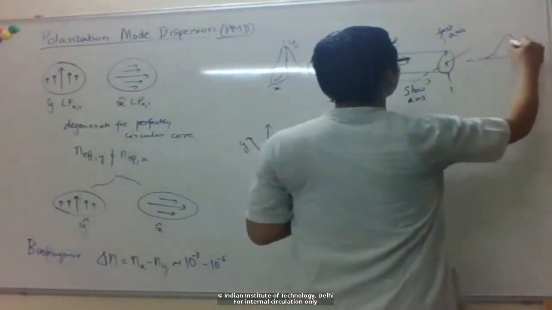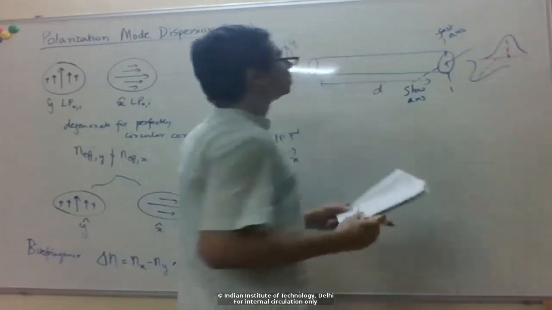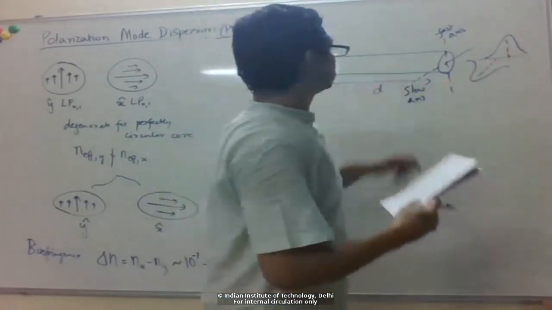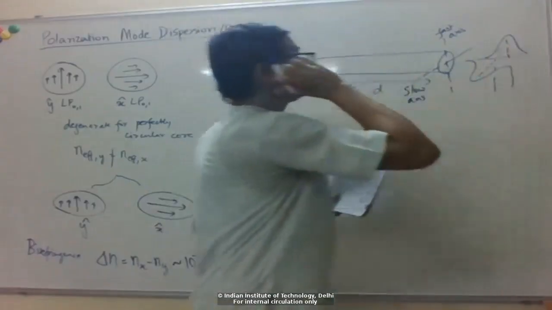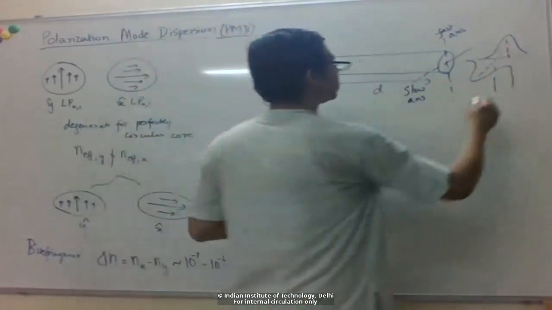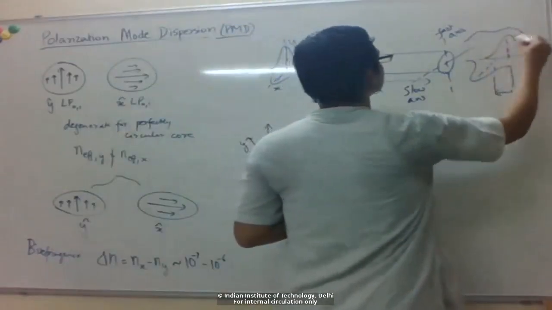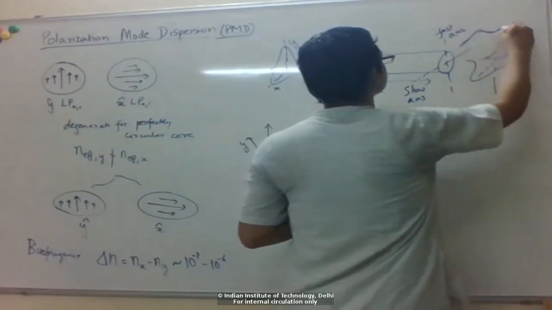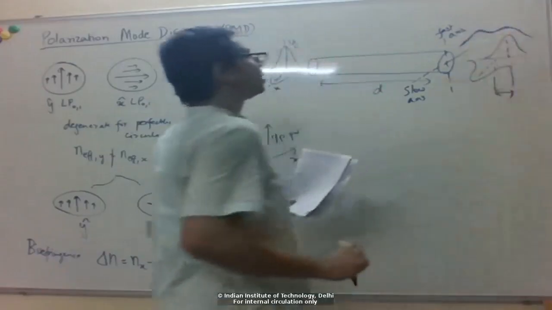It will go ahead of the X component. So now there will be some lag between the two, which we can call a broadening. When we add up these two components, the total intensity will start looking something like that, which gives me a broadening.